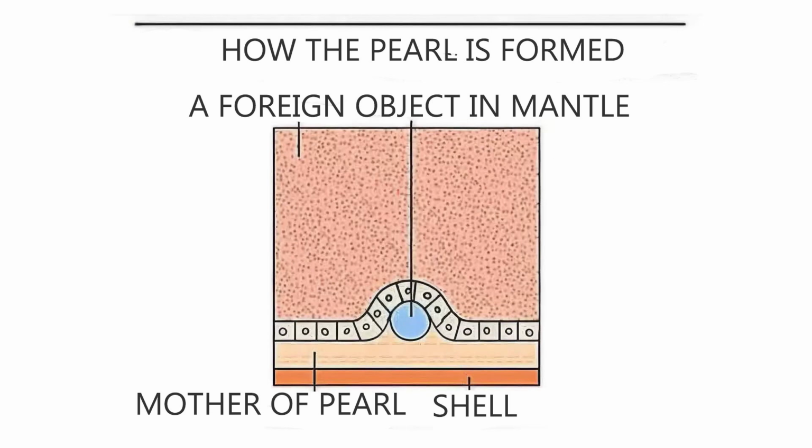Now let's take a look at some images so you see exactly how a pearl forms. Here you can see the layers of the shell. At the bottom we have the nacre or mother of pearl layer, then the mollusk's body, and right there is the foreign object that has made its way inside. When something irritates the mollusk, whether it's a parasite or a tiny sharp fragment, the organism reacts by coating it in layers of nacre.